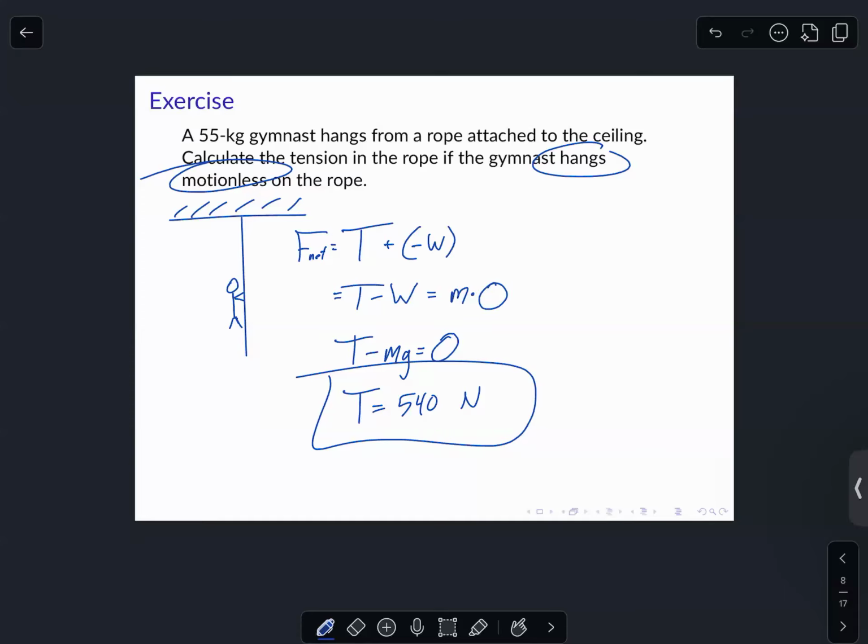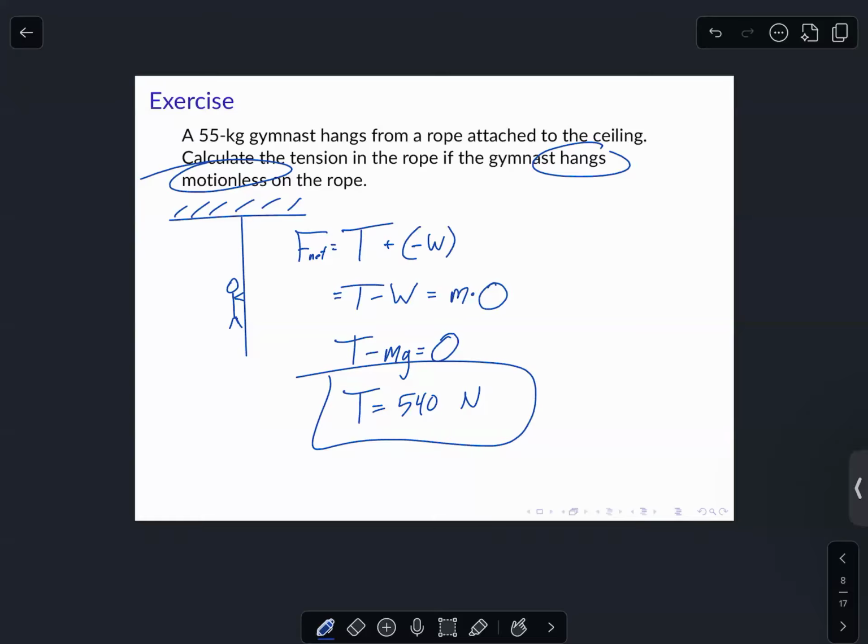How do you know? Exactly, just hanging there motionless. So any number times zero is what? What is the weight formula? M times G. So instead of writing W, I wrote mg. Instead of writing m times zero, I wrote zero. Okay for this line now?